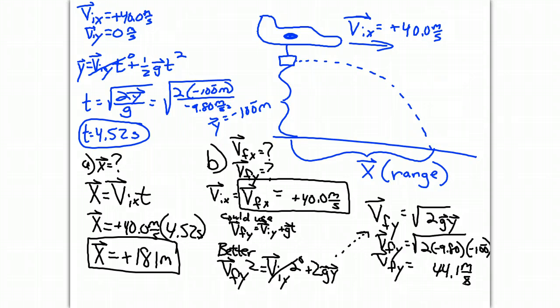You notice I left a little space there before the 44.1. It is 3 significant digits. Okay, 2 is an exact number, so we don't go by the 2. 9.80 is 3, and 100. Remember, 9.80 is the gravity where we are located, because it's a little bit higher in elevation than sea level.